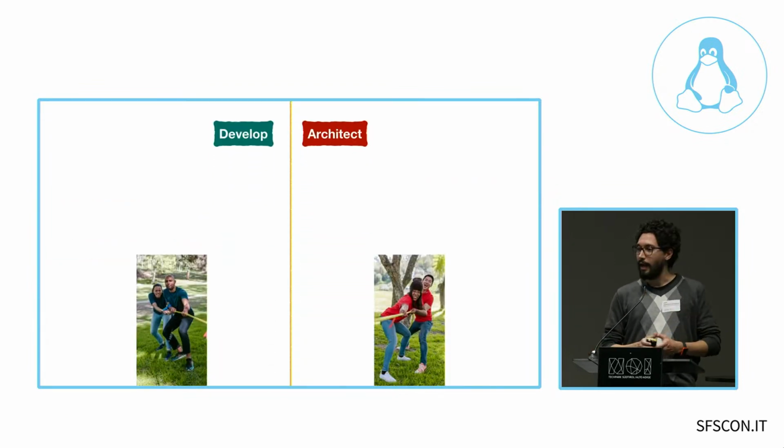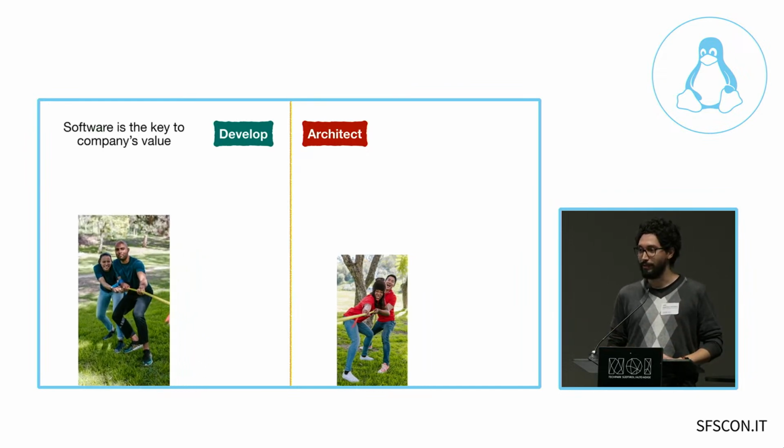So tell me if I'm crazy, if I see this scenario more often than we should. We are always fighting between developers and architects, and there's a back and forth dispute here. Developers say that software is key to the company's value, so we want to deliver value via software, so it's better to develop as much as we can.